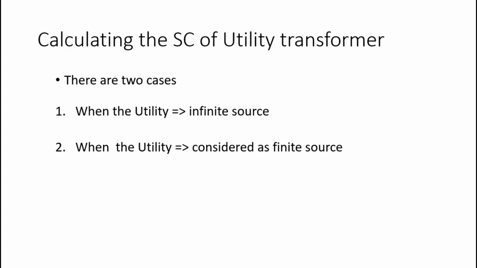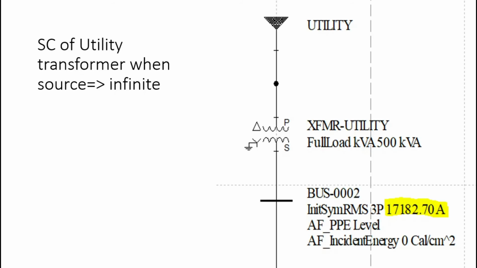Let's consider an example and calculate a short circuit for a transformer connected with an infinite source. In this example, this transformer is a 500 kVA transformer. It is connected at the primary with the utility, and the utility is infinite.